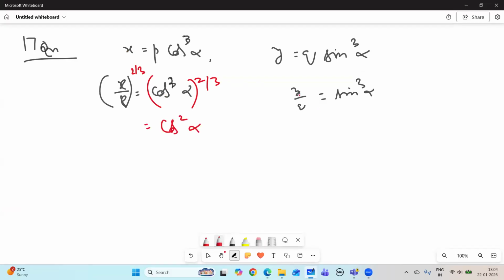Similarly, y by q whole power 2/3 is this whole power 2/3. So this is equal to, 3 cancels with this 3, you get sine square alpha. Right? You're adding these two.